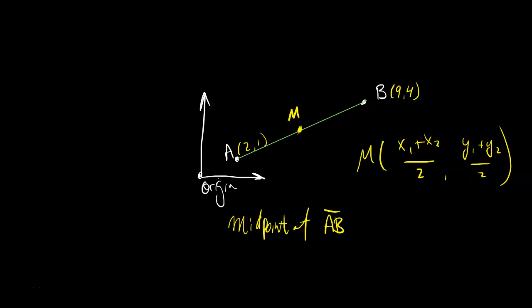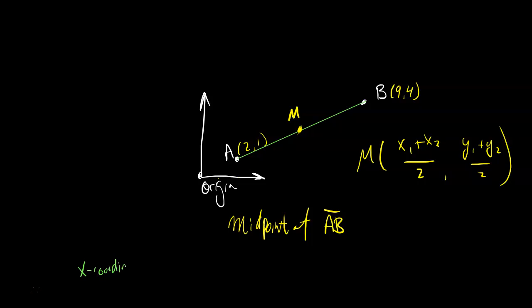So let's do that for this example. So we've been given A and B, and the x-coordinates on A and B are 2 and 9. So you could do it in 2 different parts. I prefer to do this, so I might do something like find the x-coordinate.